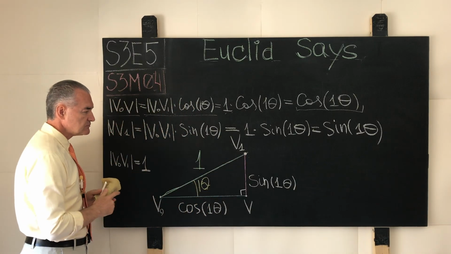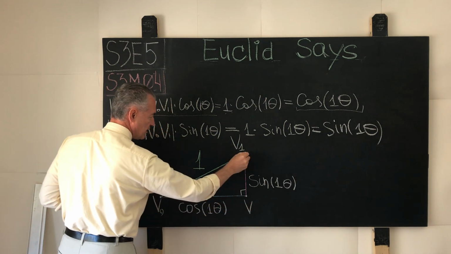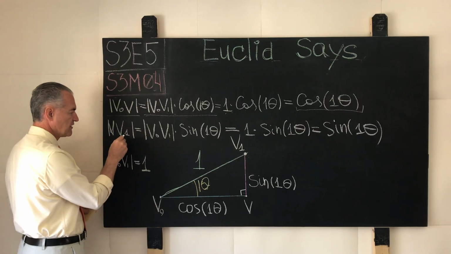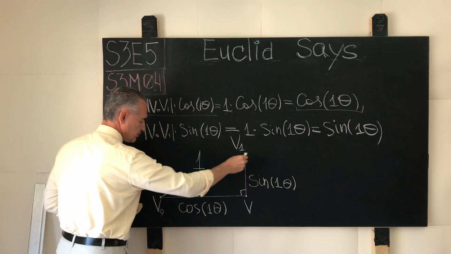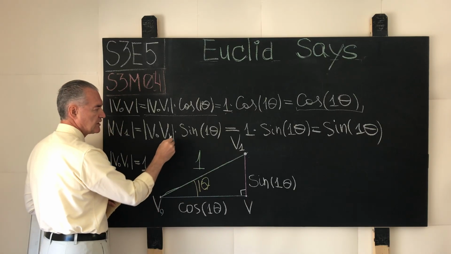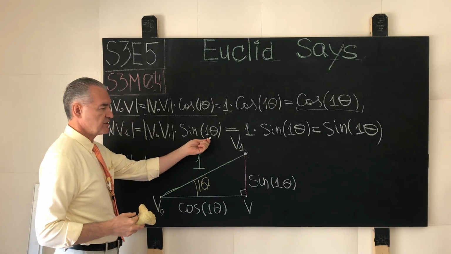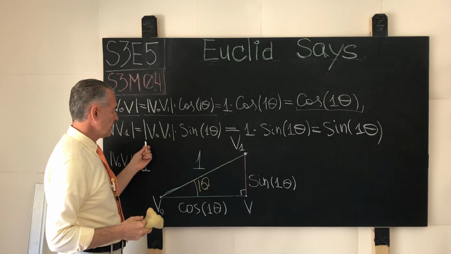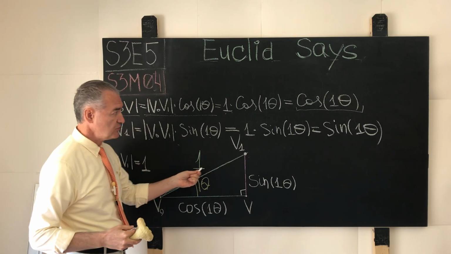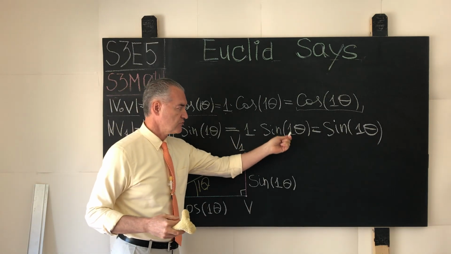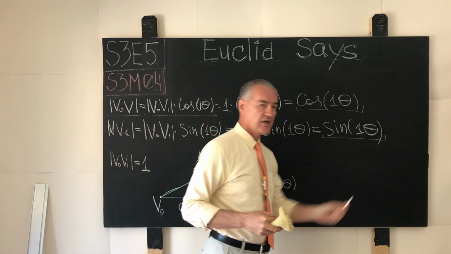And in the complementary fashion, for the length of the line segment VV1, what do we have? We have the length of the hypotenuse V0V1 times the value of the sine evaluated at the argument 1 theta. The length of the hypotenuse V0V1 is 1, the positive unity. 1 times the sine of 1 theta is precisely, again, the sine of this angle 1 theta.